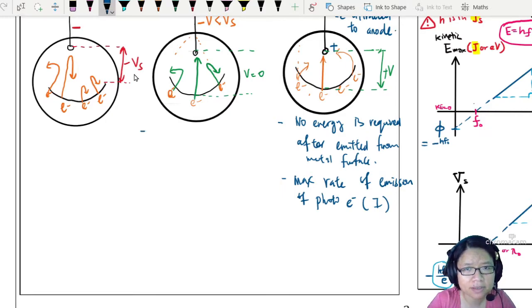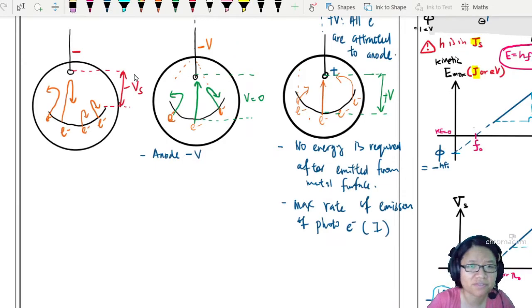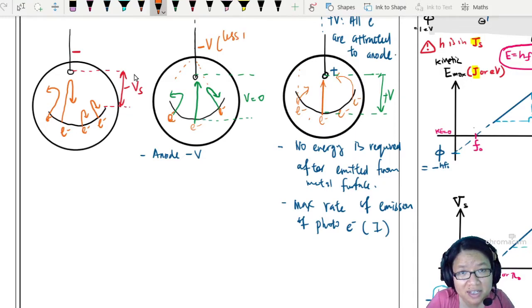What about the middle case? Let's say the anode is negative V, but less than Vs. Negative V, but less negative than Vs, which is a bigger value than Vs. Less magnitude. Let's not fry our brain.